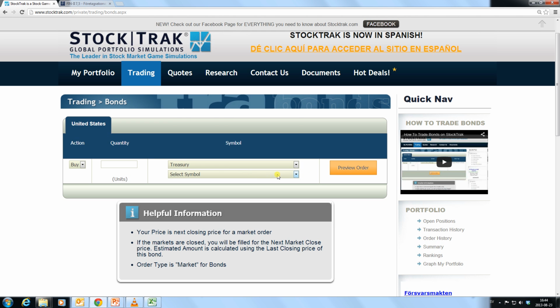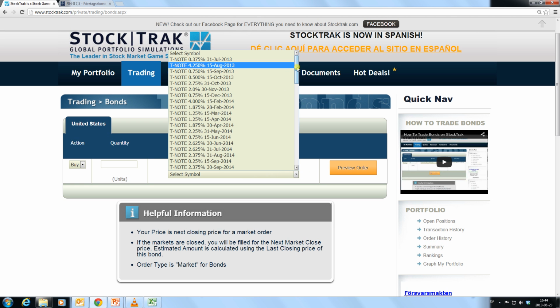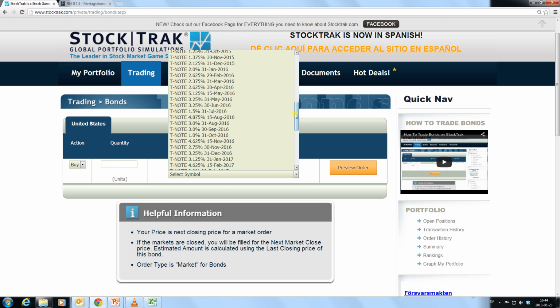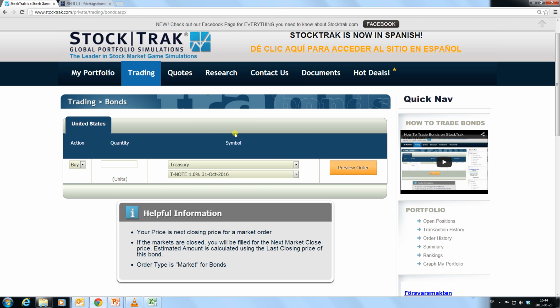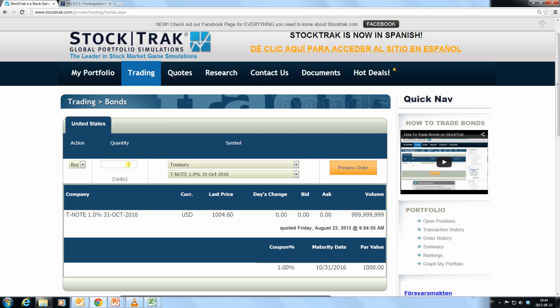Okay, so in the treasury note, I wanted one with a maturity that is more than 3 years, so I have to look at 2016. And then I want the one with the lowest coupon rate, which turns out to be the one with 1.0% that expires in October 2016. Okay, so I select this one and I buy 30 of this one.